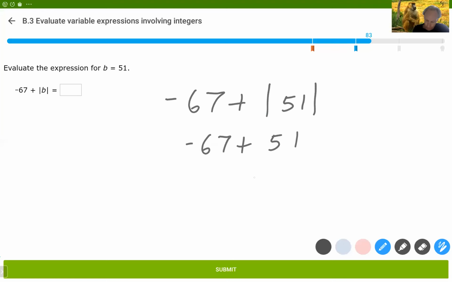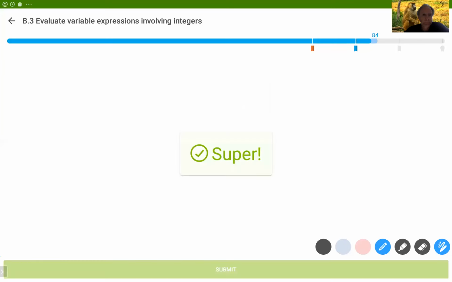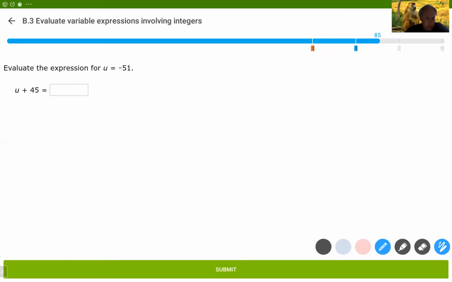The negatives win by 16. So we have a negative 16. Negative 51 plus 45. Looks like a negative 6.